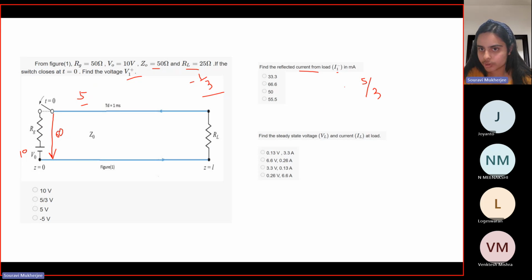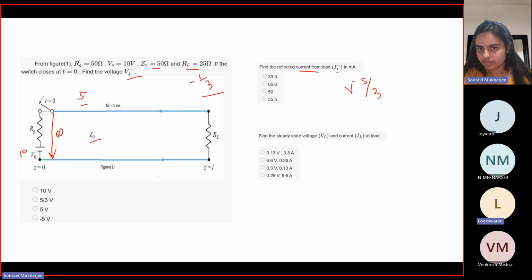So now you know the voltage, V minus, and the impedance at the incident side is Z naught, that is 50. Using the relation V is equal to IR, I is equal to V by R, where V is 5 by 3 and R is Z0, which is 50. Can you tell me what the reflected current will be?